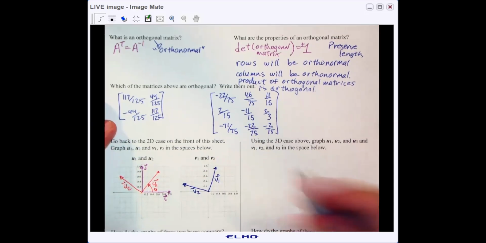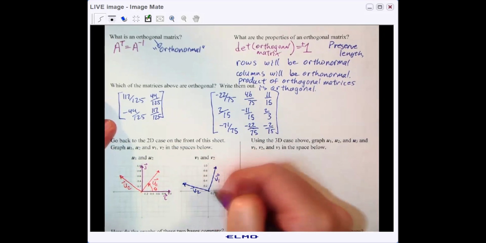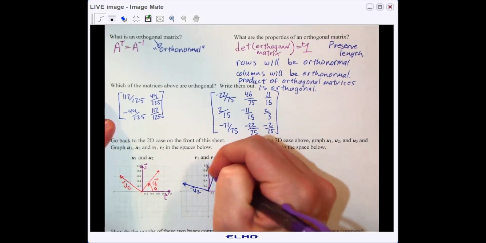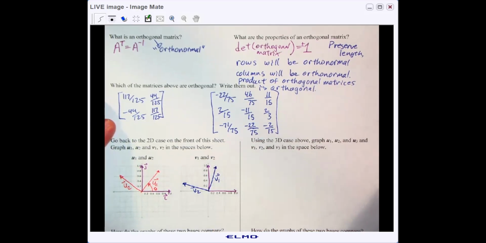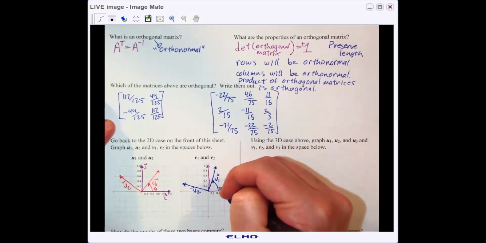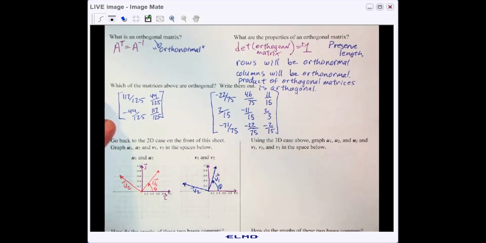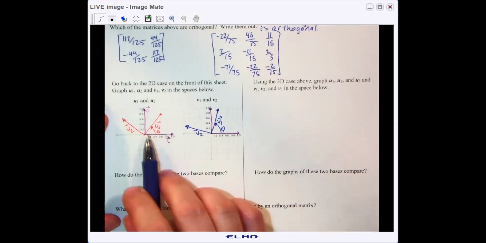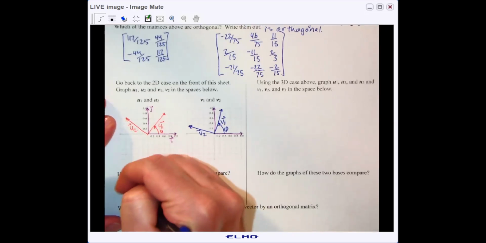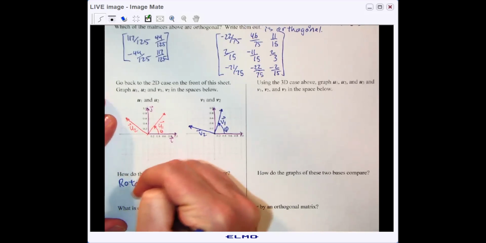And notice that this is, once again, just a rotation of the I and J vectors, but now by a new angle I'll call phi. So U1, U2, and V1, V2 are merely rotations of each other.